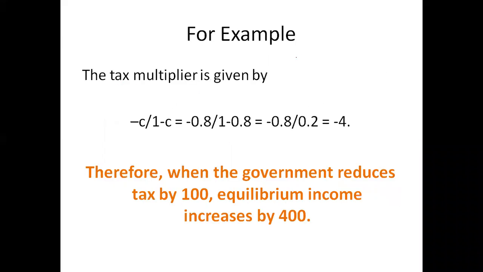The tax multiplier formula is delta y divided by delta t, right? Which is equal to minus c divided by 1 minus c.